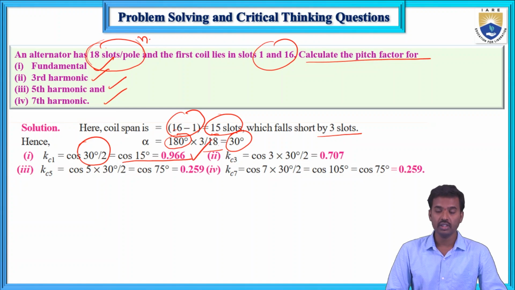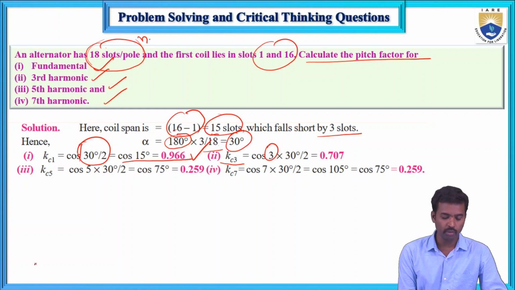And now KC for the harmonics. For the fundamental, that is 1, it is the same cos alpha by 2, where alpha equals 30. For the harmonic factors, consider 3, 5, 7.